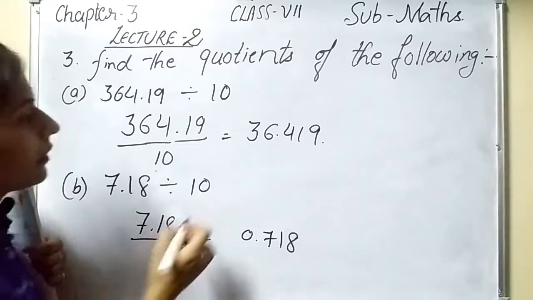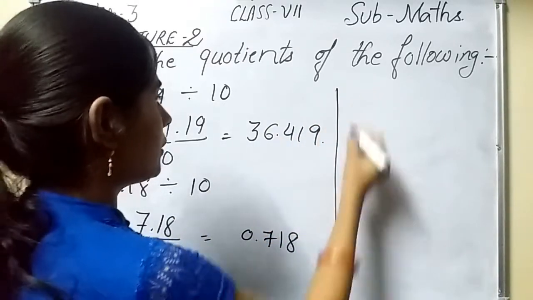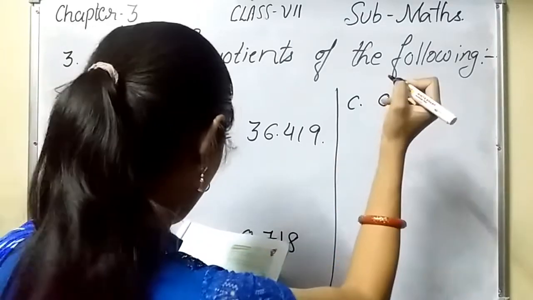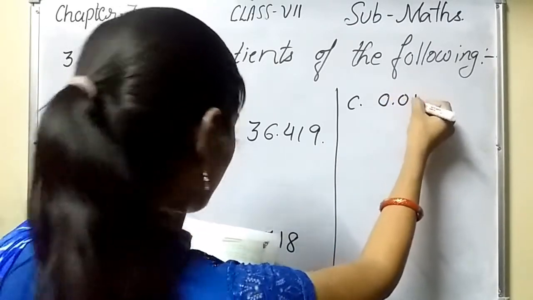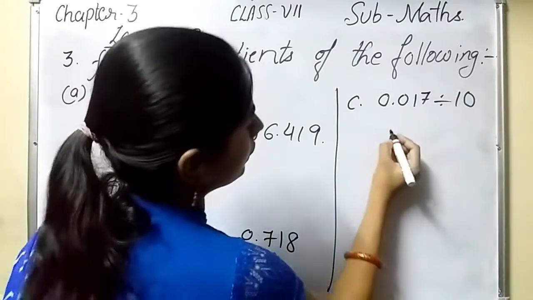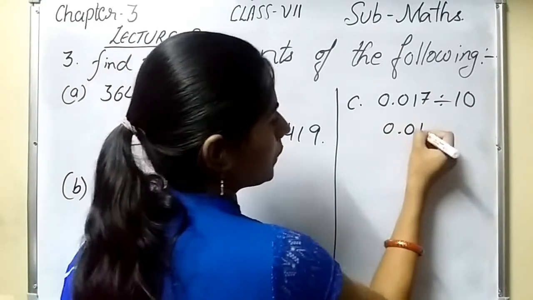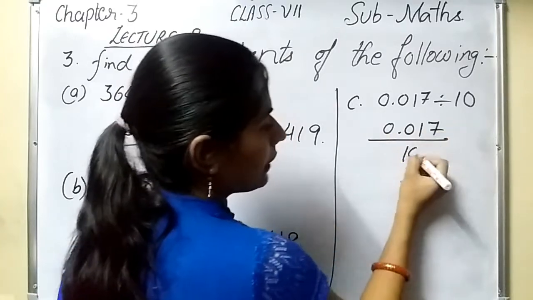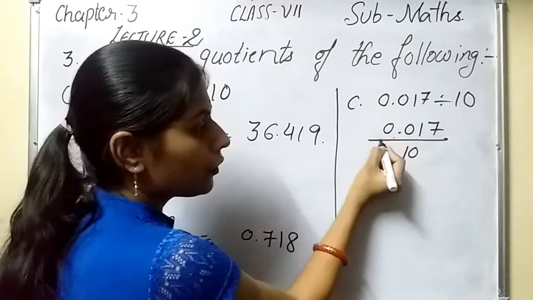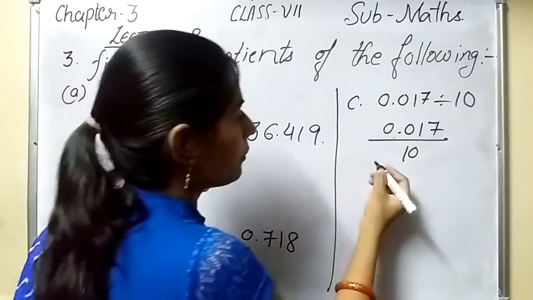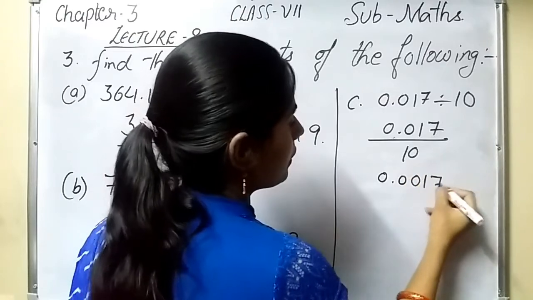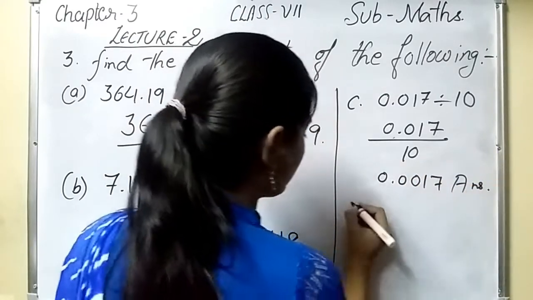Question number C: 0.017 divided by 10. Again it is divisible by 10, so move your point one place before. 0.0017 is your answer.